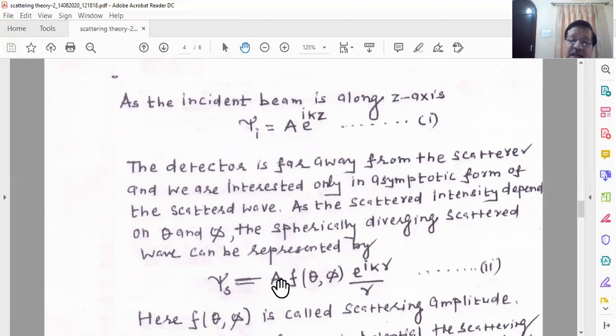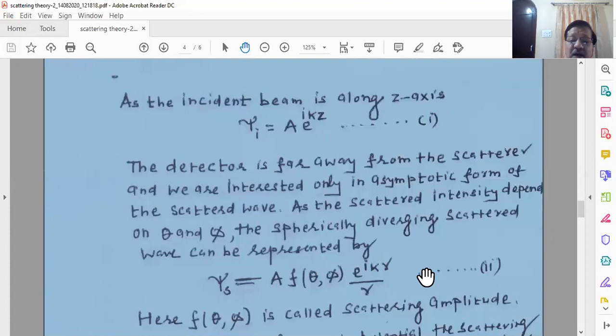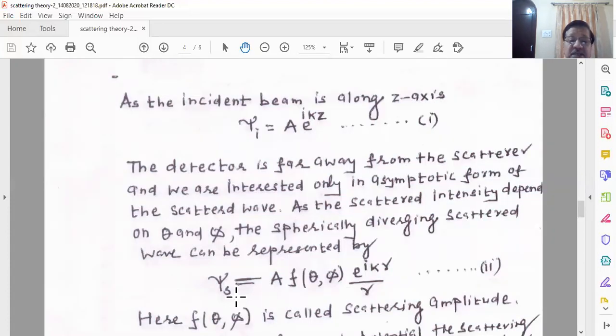You can also write A f(theta, phi) into e to the power of ikr. But here I am writing 1 upon r for some special reason. That reason we will see when we solve a numerical problem. So please remember, this is the equation for a scattered wave.